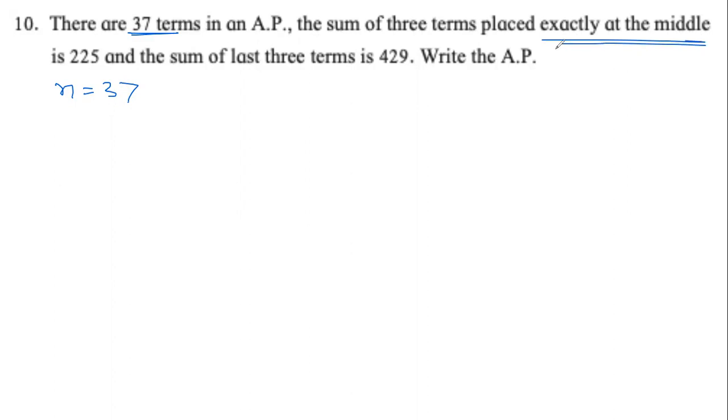If there are 5 terms, then the middle terms are second, third and fourth. Middle 3. If there are 37 terms in the AP, then what terms will be in the middle? Try to think. Find out, tell.